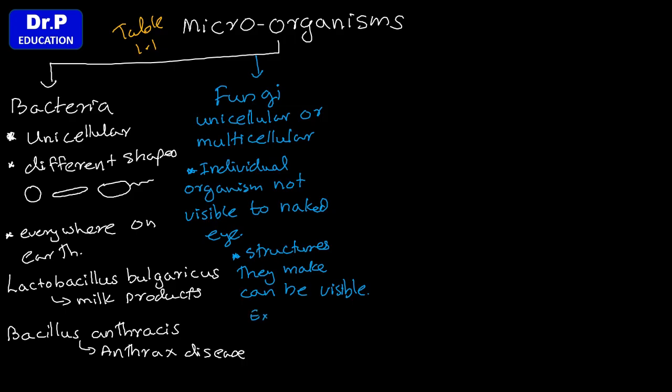For example, mushrooms. Fungi usually grow on moist surfaces. Remember, bacteria can grow everywhere on Earth, but fungi usually grow on moist surfaces.